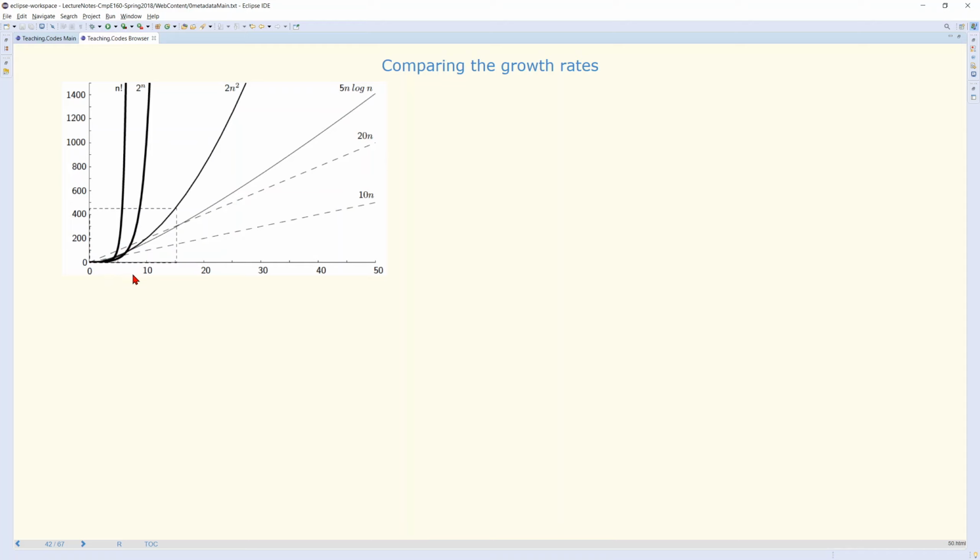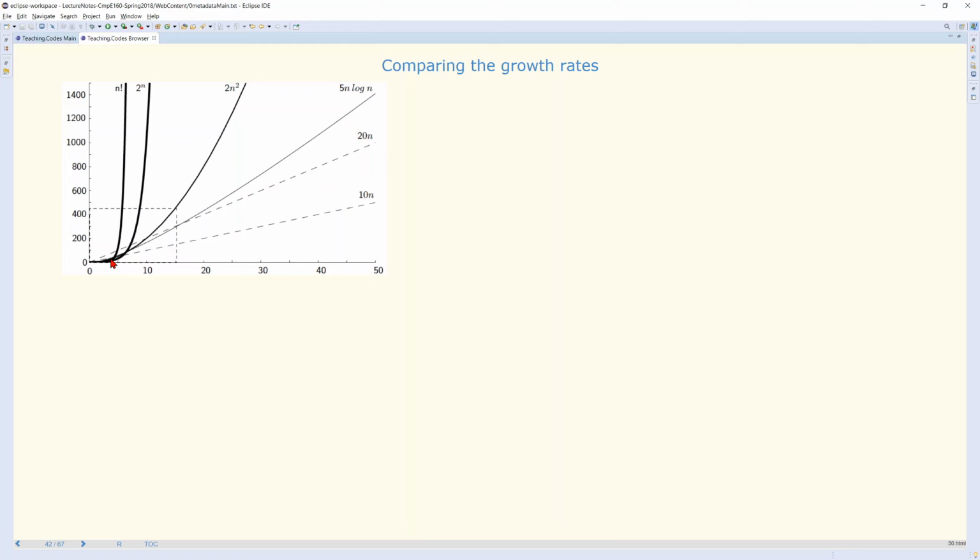So if the x-axis shows the value of n here, you will be looking at this area and all algorithms will appear to be similar. So when you're trying to compare different software, if you're running it with small example scenarios, you will not observe any difference and you might be misled to buy the cheapest one.